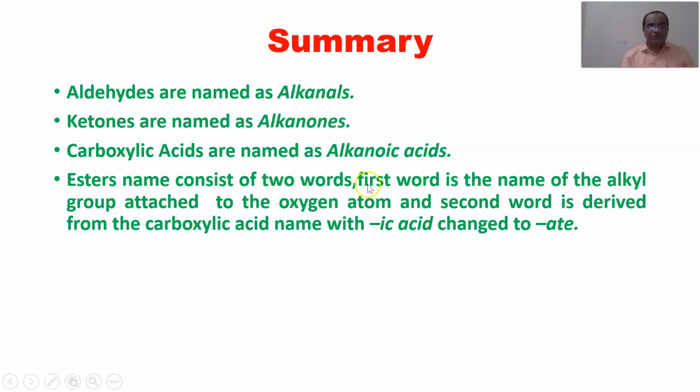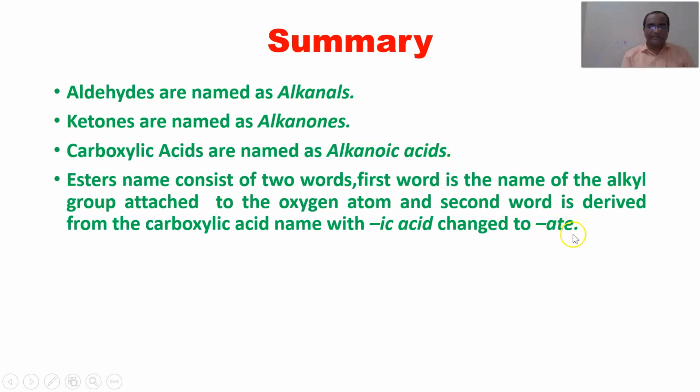It consists of 2 words. The first word is the name of an alkyl group which is attached to an oxygen atom, and the second word is derived from a carboxylic acid name. So replace just ic acid with ate, when we are writing alkanoic acid.